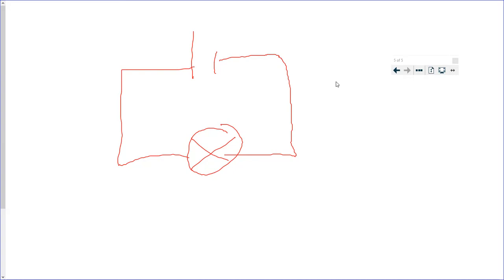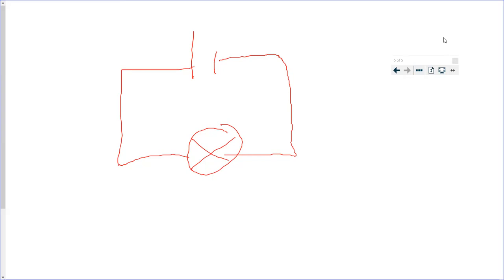Okay. Think again. Is there any extra thing other than the battery and the lamp? The connecting wire. Yes. They are important. They are part of that thing. Got it? So yes, you have drawn it very well. That's the right one.